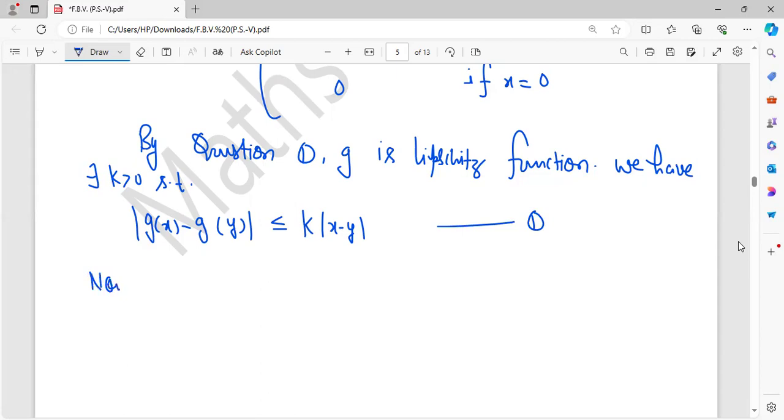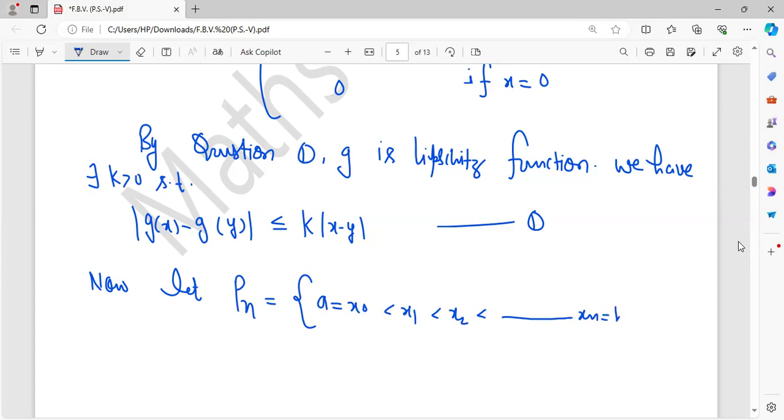Now let P be a partition x0, x1, x2, up to xn, of the closed interval [0, 1].